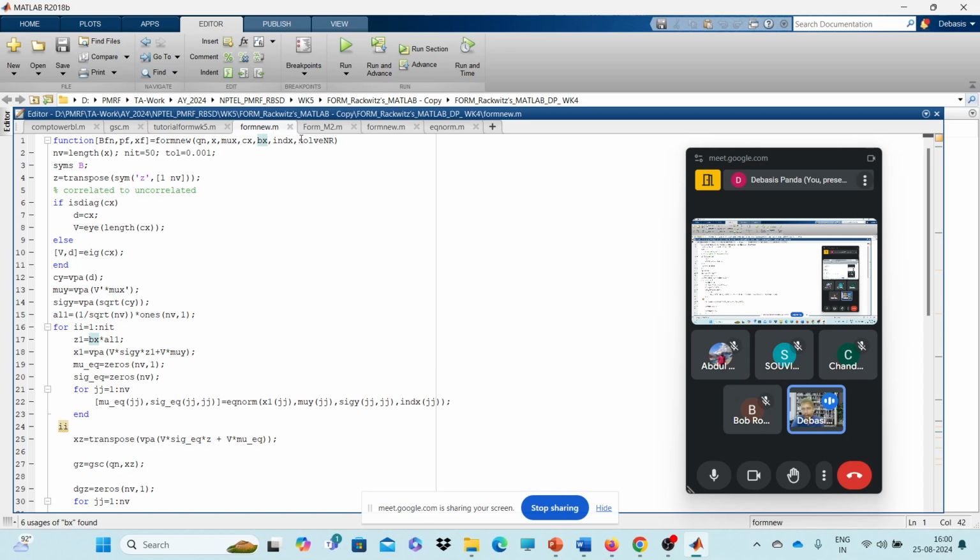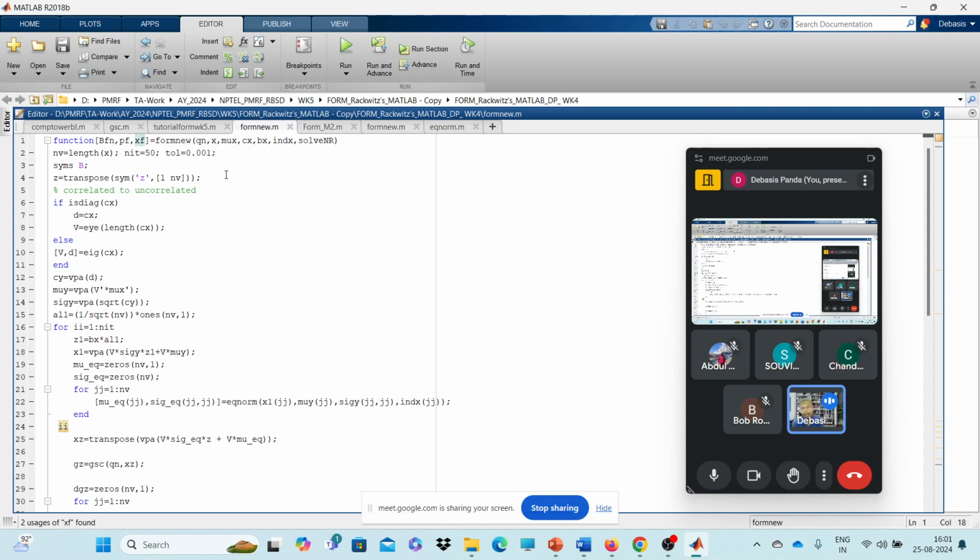You can give that or bypass it, as per your convenience. If you put in these inputs, it will give you the beta value, probability of failure value, and final design points.